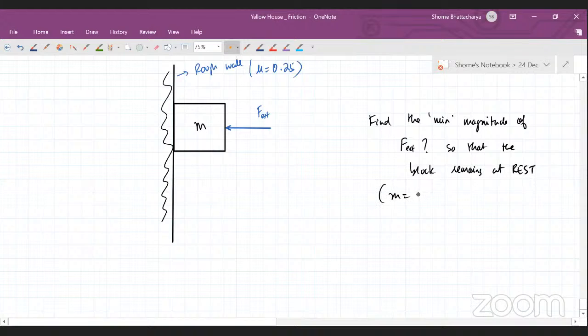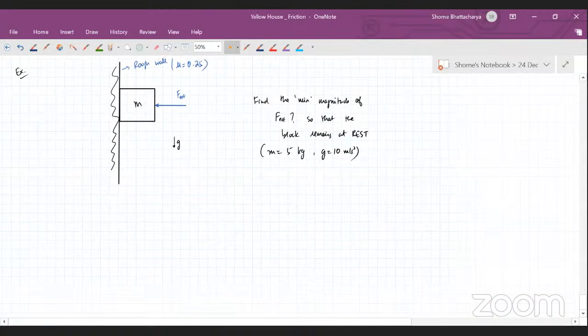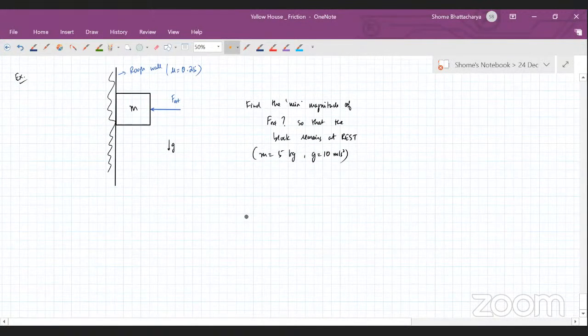Given the mass of the block is 5 kilograms and g is equal to 10 meters per second square. What is the minimum amount of force that we require? Okay. This question should not take more than a couple of minutes. So let's finish up with this.